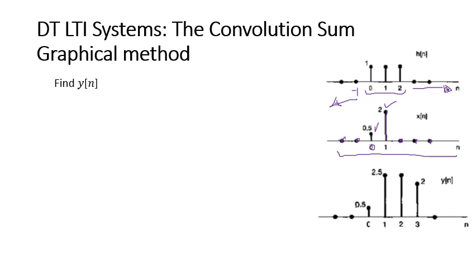Now, based on the instructions on the previous slide, let's find the convolution sum. The first step was to plot the signal, both the response and the input signal, by replacing the independent variable with k. I have already plotted using n as the independent variable.